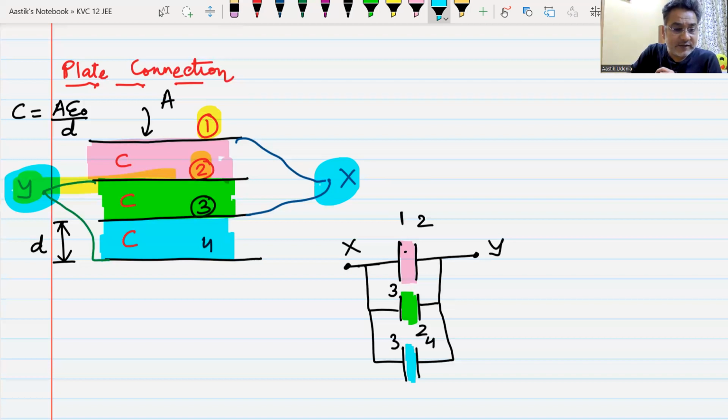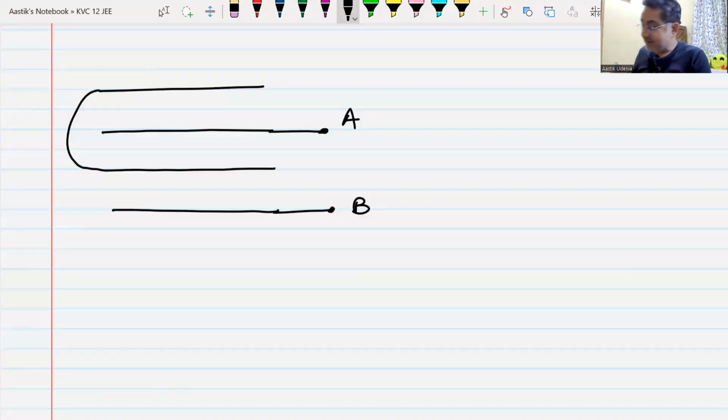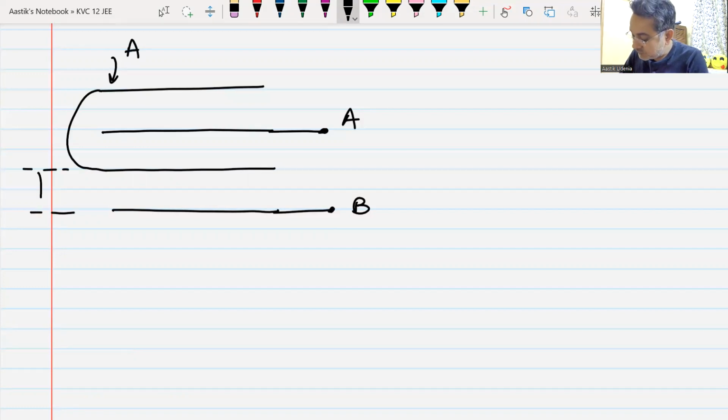All the plates have the same area A, and the distance between the plates is given as D. You have to find the effective capacitance between A and B. How many plates are here? 4, sir. How many capacitors? 3, sir.